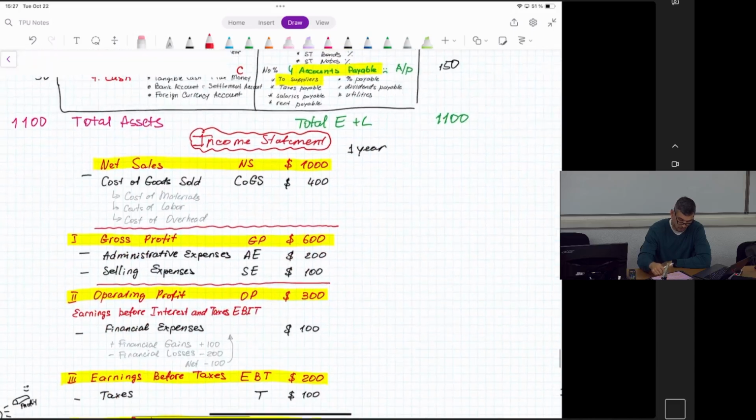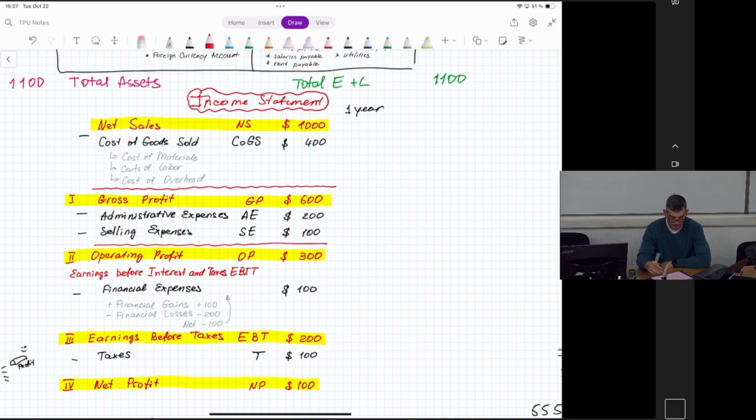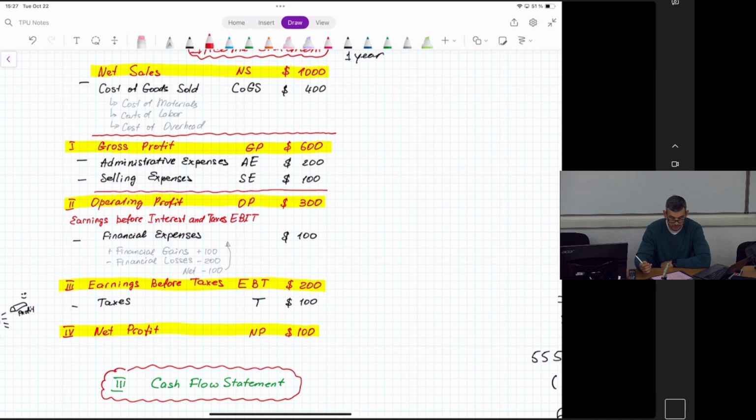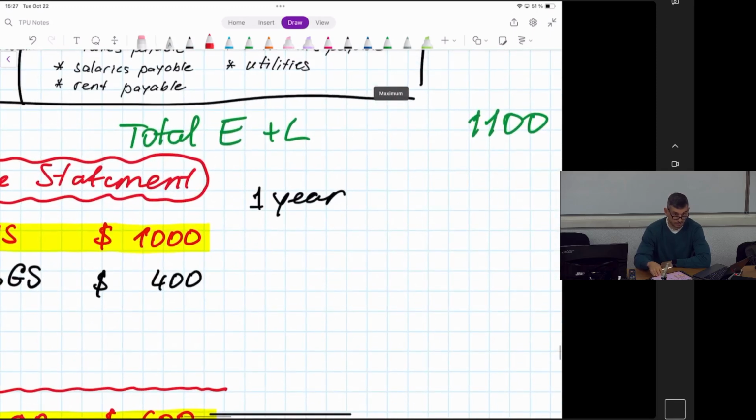So, works pretty well. If you go to operating profit and you look at 300, operating profit is the difference between the income, net sales, and the expenses: cost of goods sold, administrative expenses, and selling expenses, over 1 year.